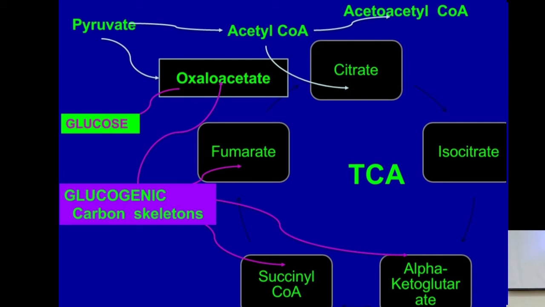Anything that gives you acetyl-CoA or acetoacetate directly, without going through pyruvate, is designated ketogenic. Okay? Anything that can give you pyruvate is designated glucogenic. Why is that? Because pyruvate can be converted to glucose.